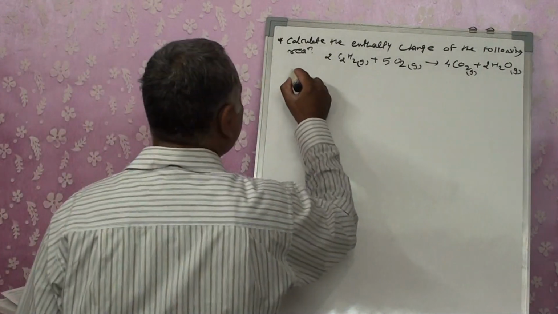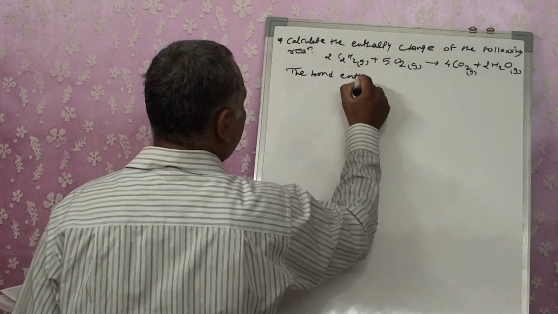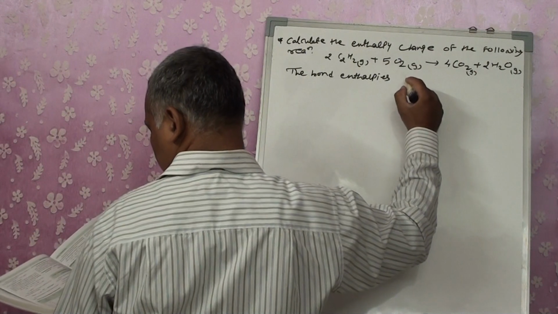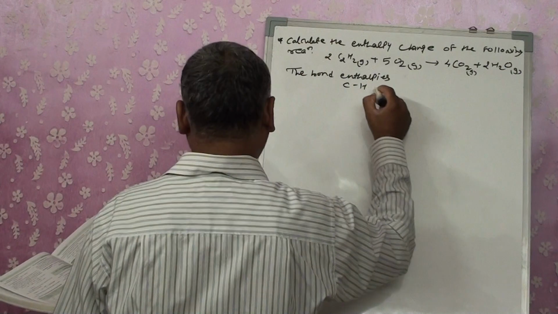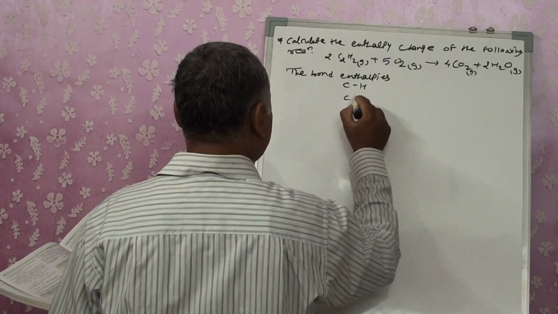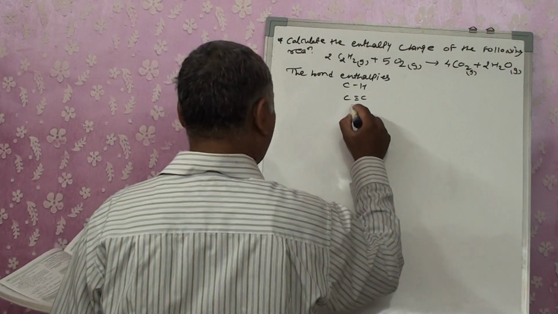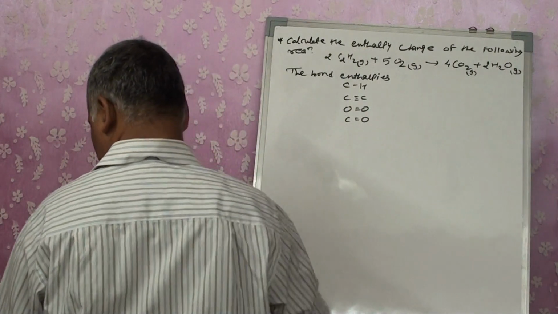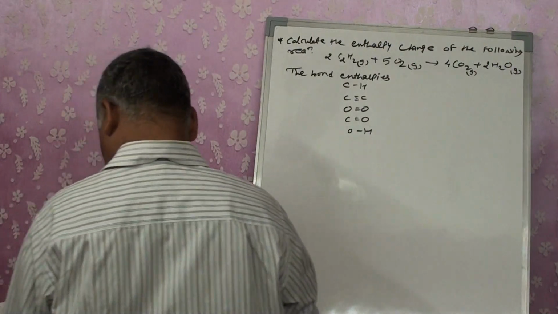The bond enthalpies for C-H, C triple bond C, O double bond O, C double bond O and O-H are given to us.